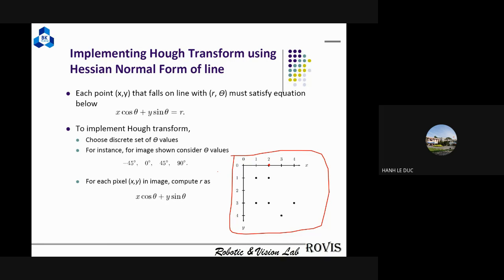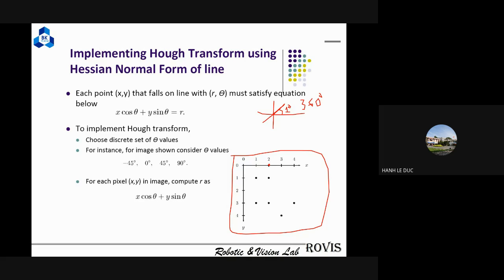In the previous example, I already told you that if we have one point here, we have to rotate it 1 degree, 1 degree, 1 degree. So we will have 360 lines. But if you do it manually like this, it will take a lot of time.